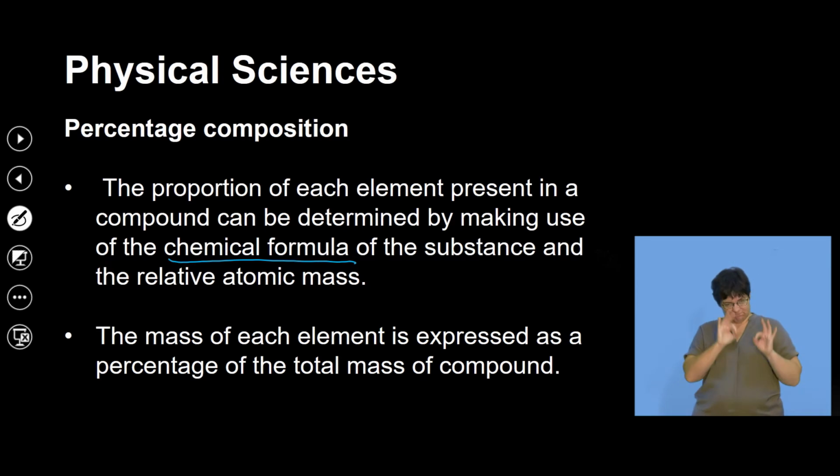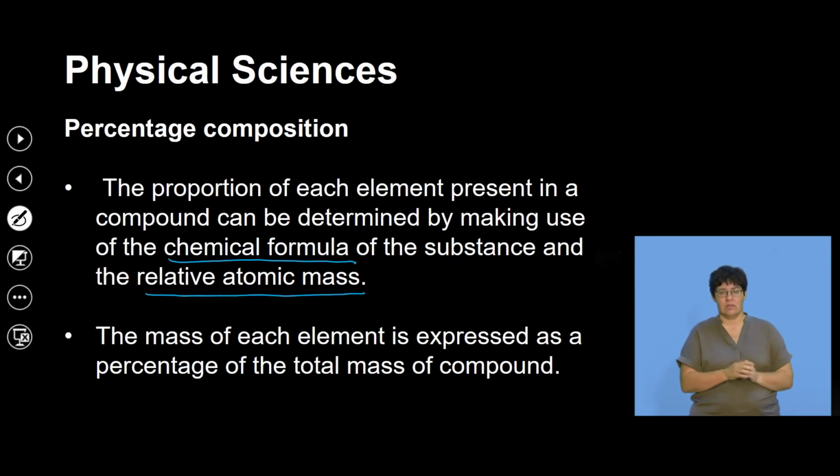And also we need the relative atomic masses as reflected in the periodic table. So from the name, we've got the chemical formula, and then after that, we determine the percentage. The mass of each element is expressed as a percentage of the total mass, so it's the percentage of each element based on the total mass of the compound.